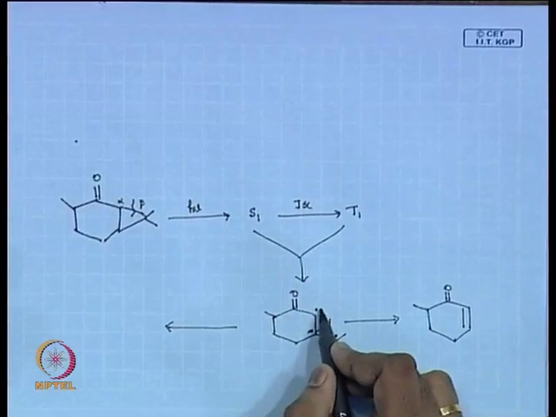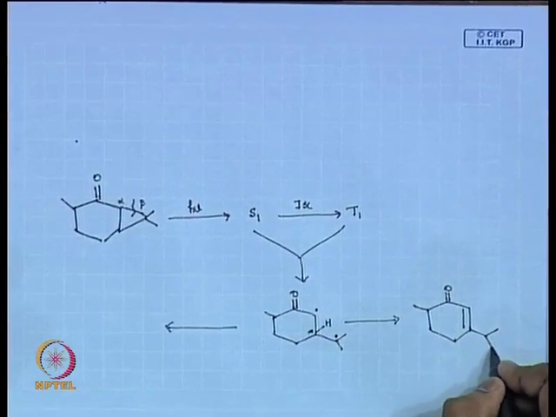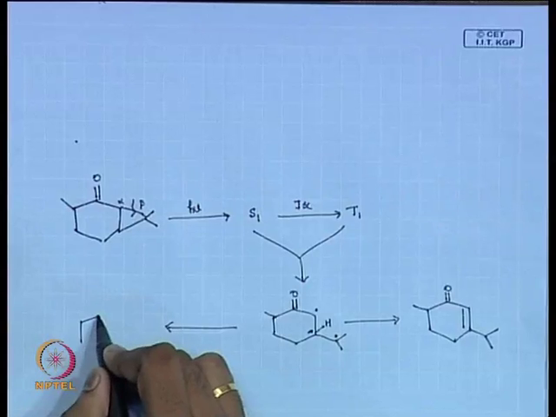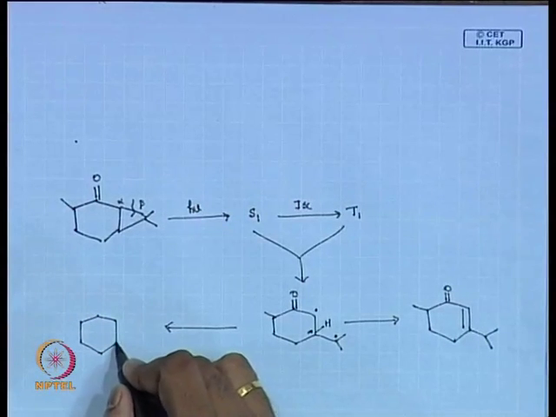If I move this hydrogen across here, I can get one product like this, or I can think of getting another product where I have an alkene outside.